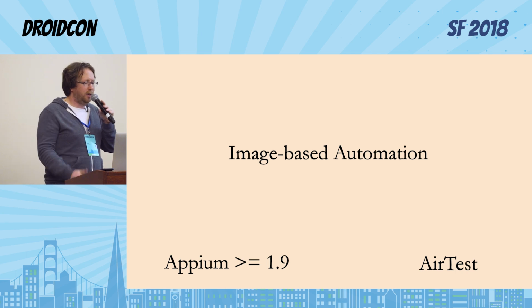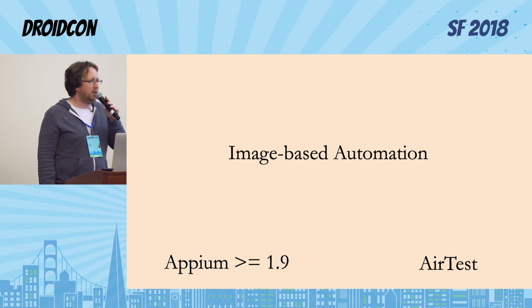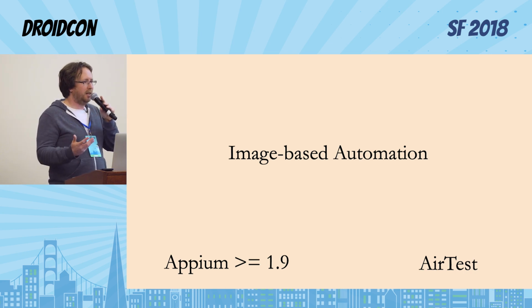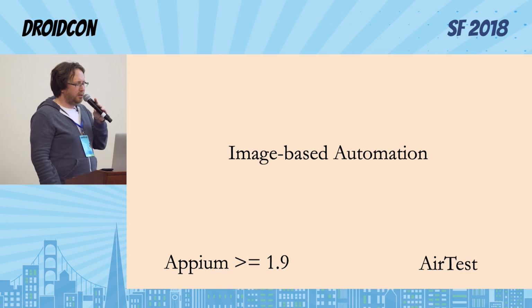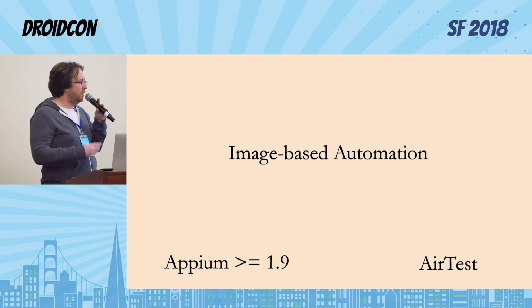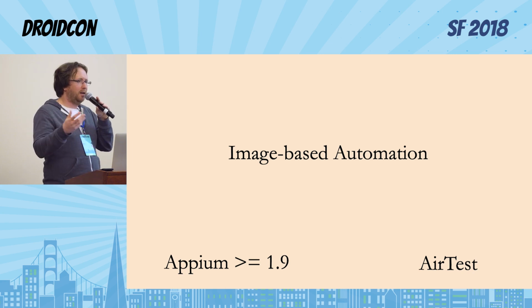And there's a really great project called AirTest that is all about image-based automation, especially for gaming. It's a little more sophisticated than Appium, but it's a great place to start. It's also open source.